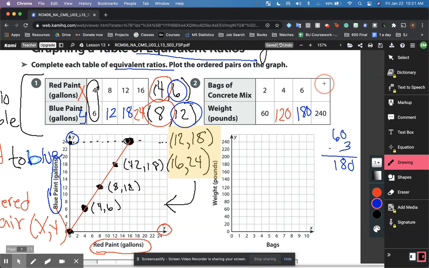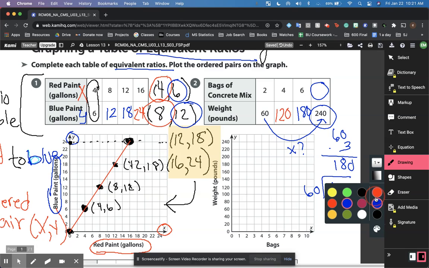And now I don't have a number here, so I'm actually going to start with this 240. 60 to 240. What is happening to my number when I do 60 times what gives me 240? Well, the opposite of multiplication is division, right? So I can find my answer this way. Stick with me here. I noticed that both of these can be divided by 10. If I divide 60 by 10, I get 6.